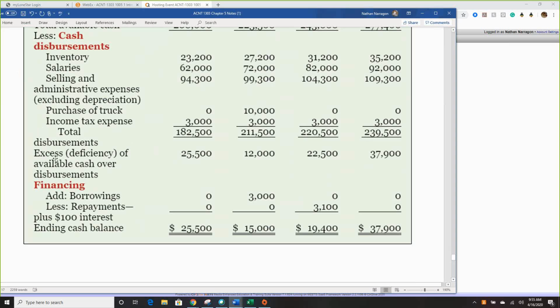And then whatever items will decrease our cash balance, we have to subtract. And this is always going to give us an excess or deficiency, if somehow this is negative, of cash. And then we have to check what the company wants as their minimum cash balance.